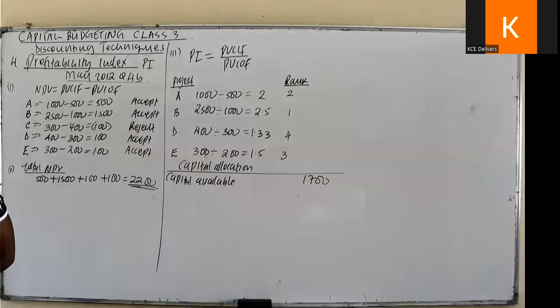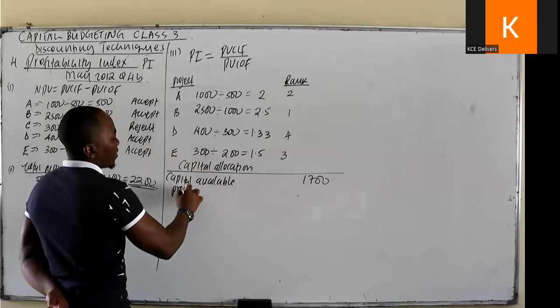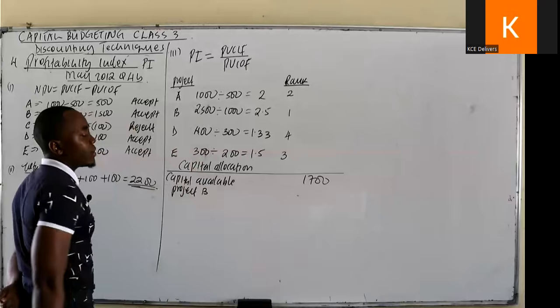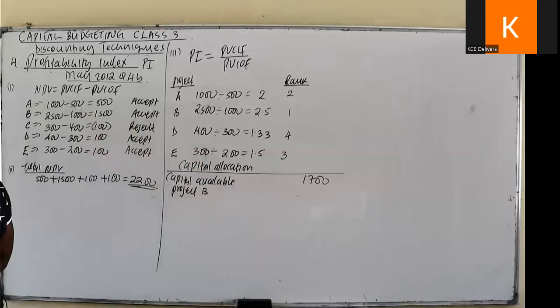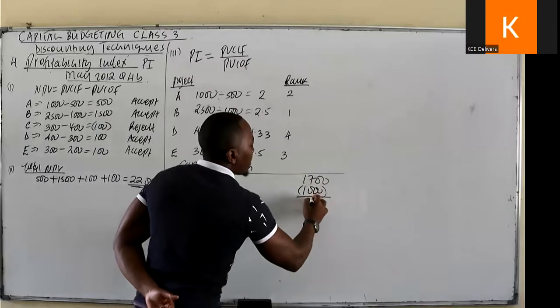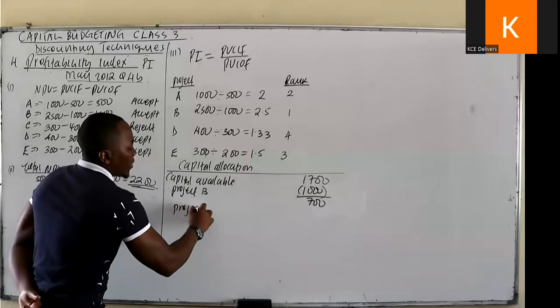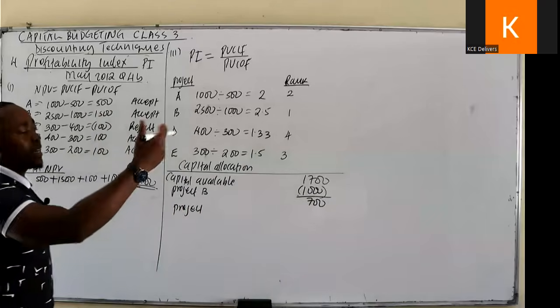You give the first priority to the project with the highest profitability index. That's project B. Project B requires a capital of 1,000, so the balance will be 700. Then we have capital to undertake the next project.